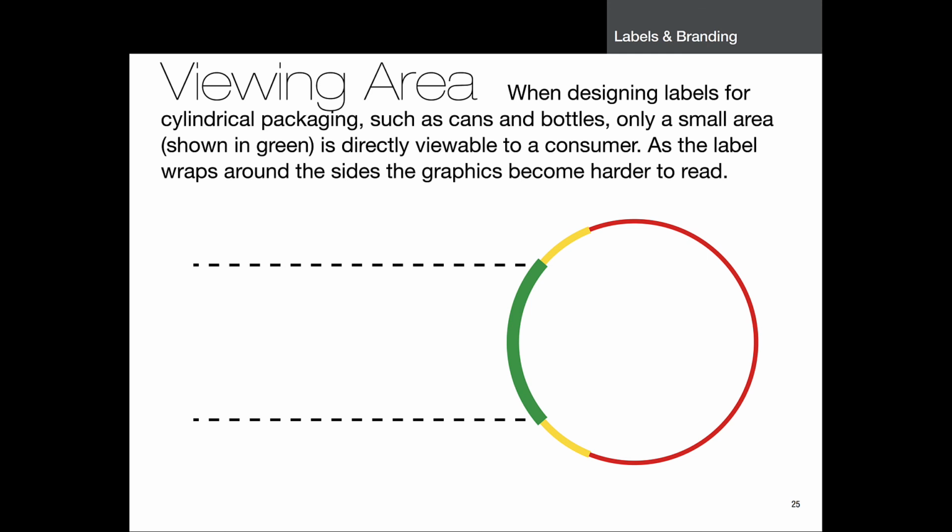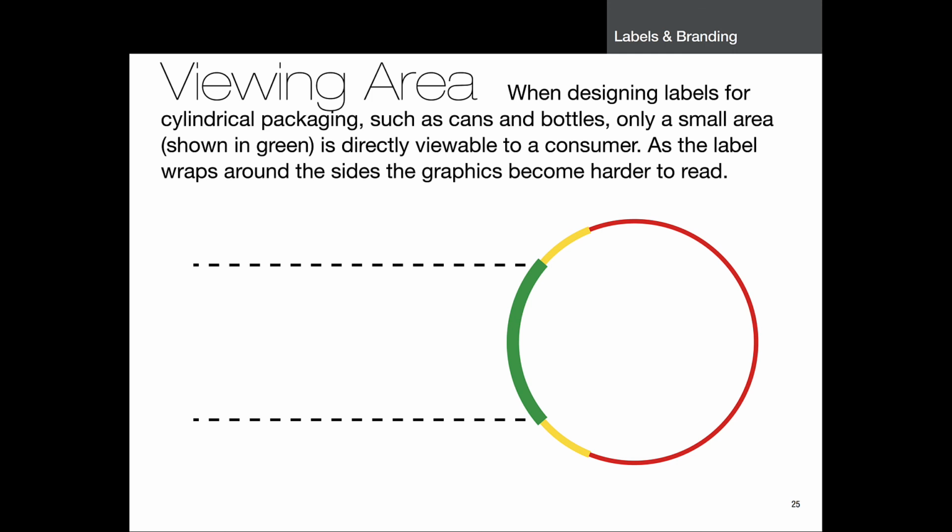And later in the semester, you're going to be working on a beverage container or a beverage branding assignment. Part of that's going to be designing a label that goes on a bottle. And since we're talking labels, I just wanted to alert you that whenever you're designing a label that's going to go on anything cylindrical, such as cans or bottles, you have to remember that there's a very small area that is facing directly at the viewer in a grocery store aisle.